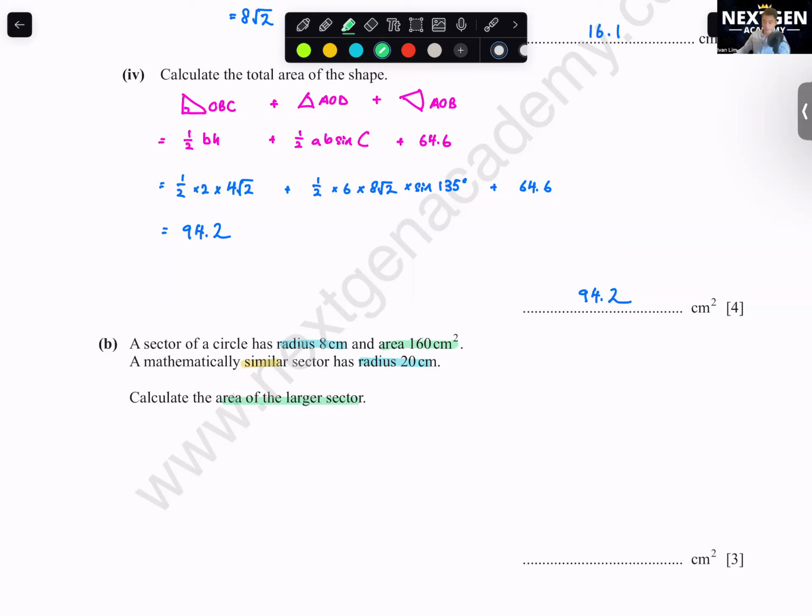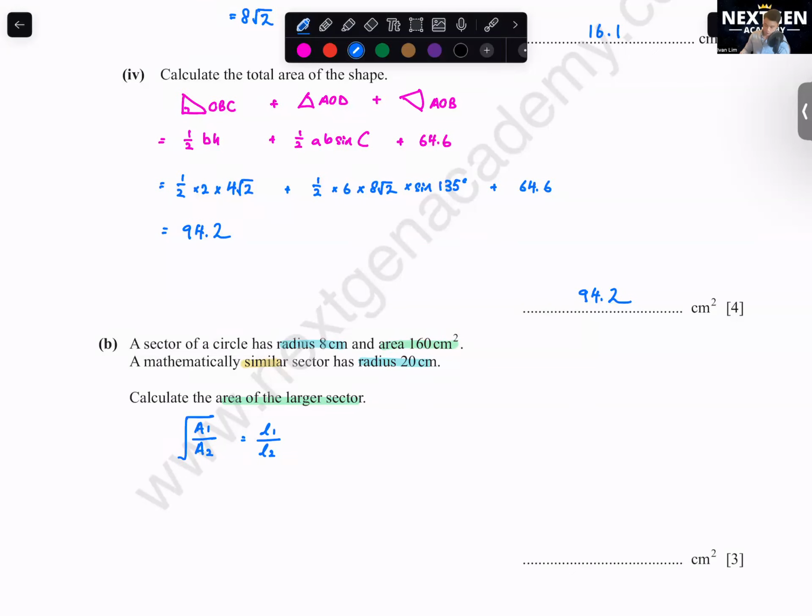Okay, how do similarity? I am comparing length and area. So we can use this formula. They want us to find area, right? So area 1 over area 2, square root, equals to length 1 over length 2. Okay, this is the concept on similarity that I taught you all.